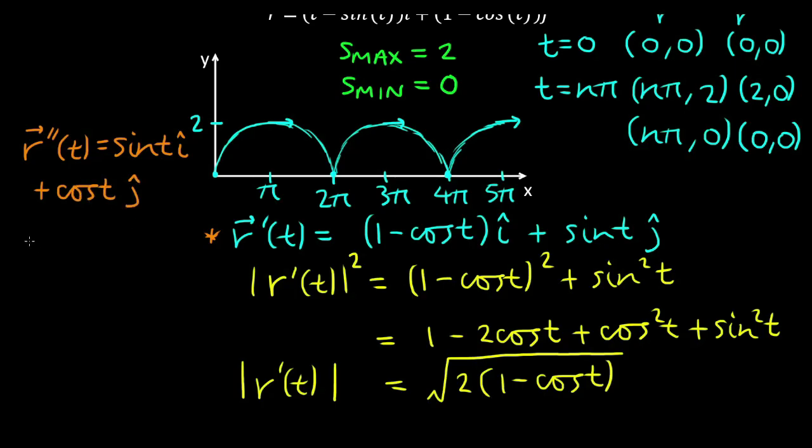So the magnitude of the acceleration is the square root of sine squared t plus cosine squared t, which is root 1 or 1, which is in units of length per time squared. So this is both the maximum and minimum magnitude of acceleration.